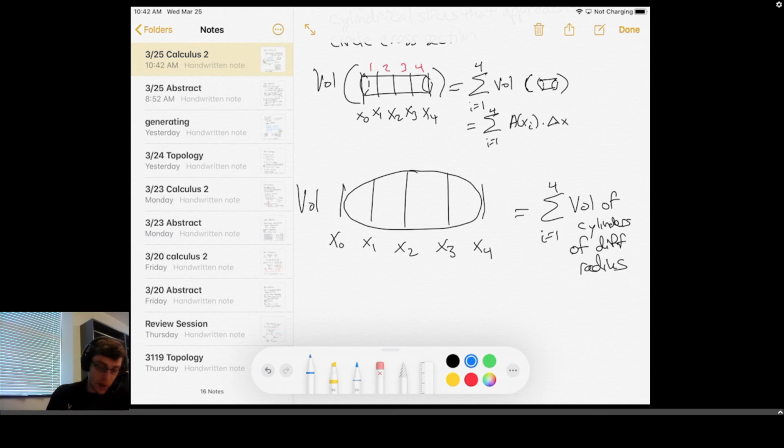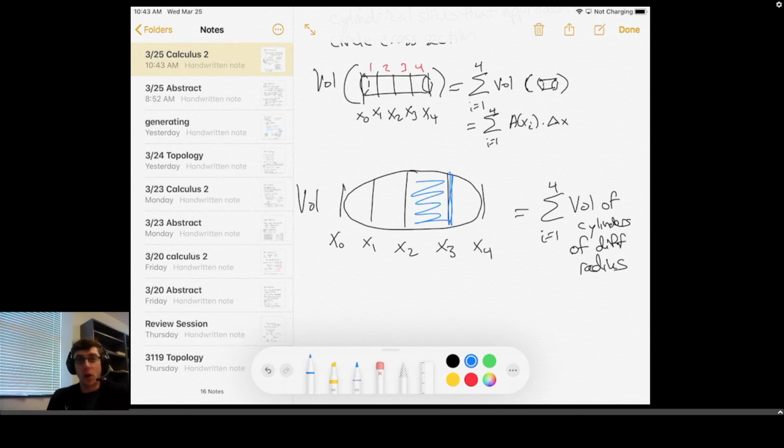The cylinder you get here, when you take that cross section, is going to have a greater radius than the ones on the edge, essentially. And so splitting it up allows us to deal with this. Once you do a simple cylinder where the radius is constant, now we know how to deal with things that are not constant. You just split it up and take small slices that are constant, right?